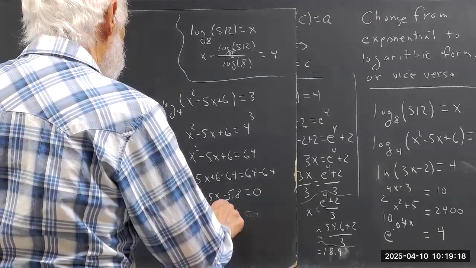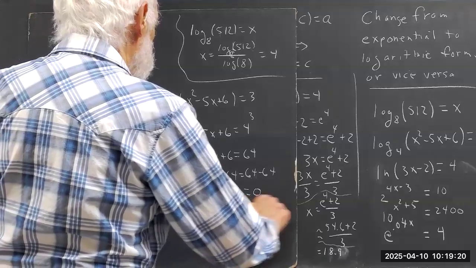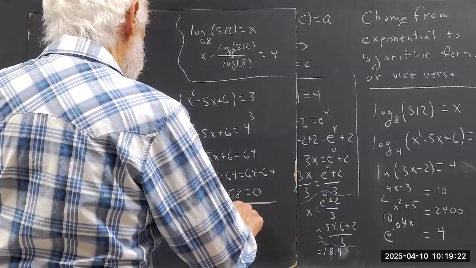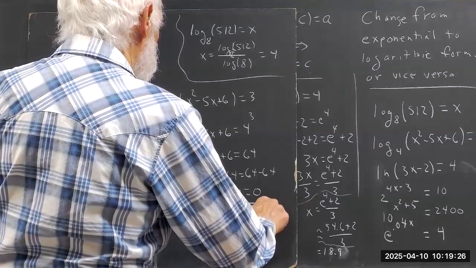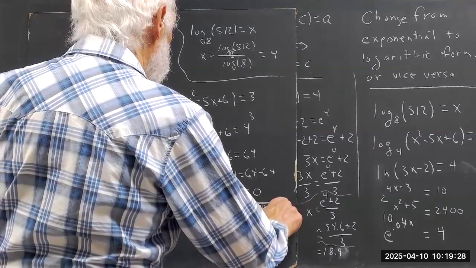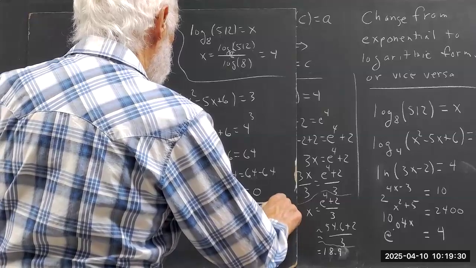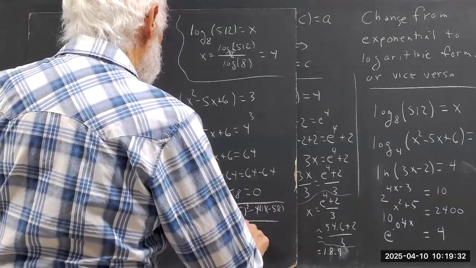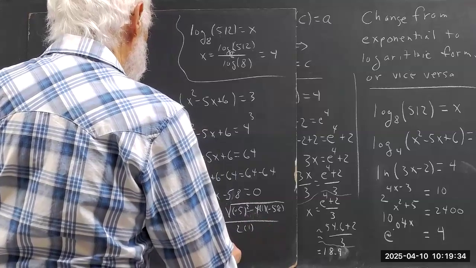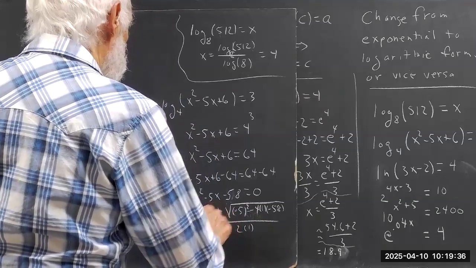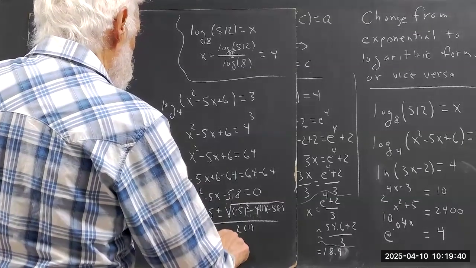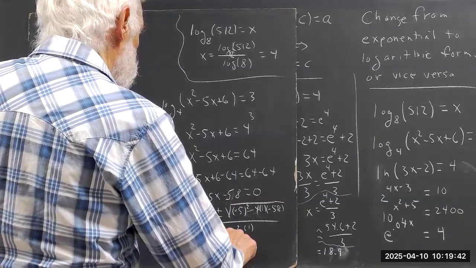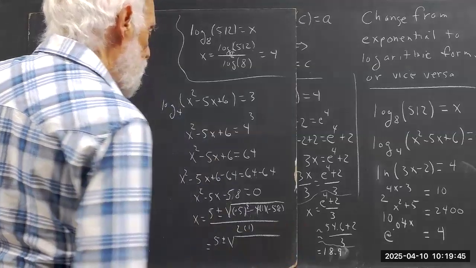x equals 5 plus or minus the square root of negative 5 squared minus 4 times 1 times negative 58 over 2 times 1. And we're familiar with the quadratic formula. This should be pretty automatic. It has to be 5 plus or minus the square root of what?